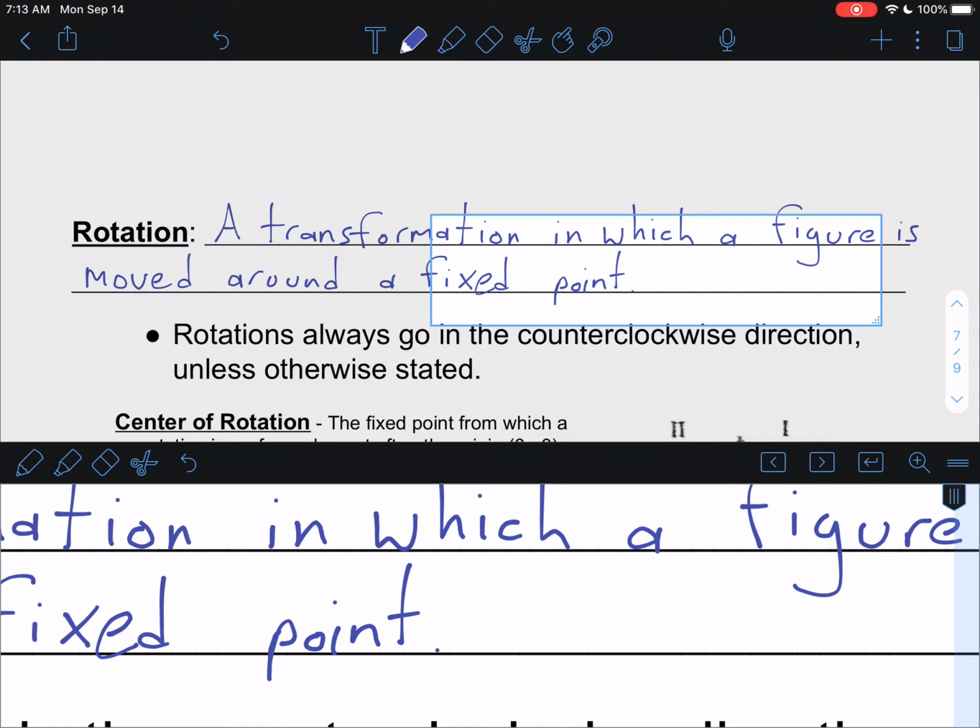And in this class, I don't believe we're going to see rotation around any point other than the origin.